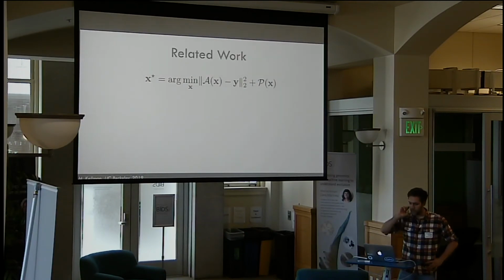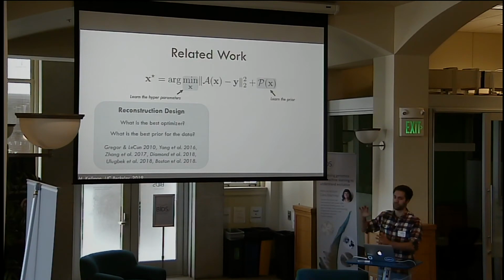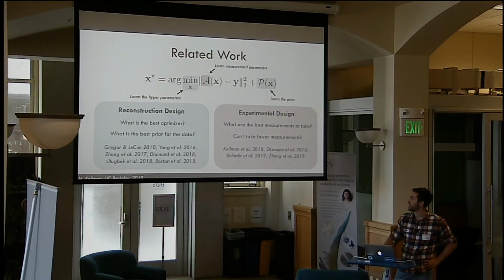So we're not the first to consider this framework. There's a lot of work that has gone into optimizing or finding the best optimizer in areas like meta-learning, and also finding and learning the best prior, the image prior for your data. In contrast, what we've looked at is how do you take the best measurements for this system?